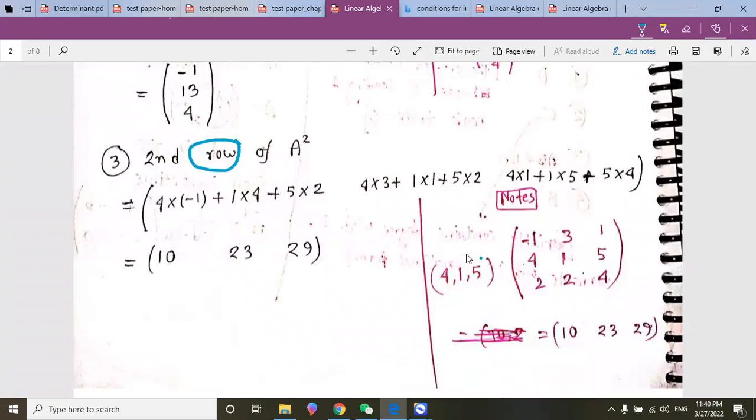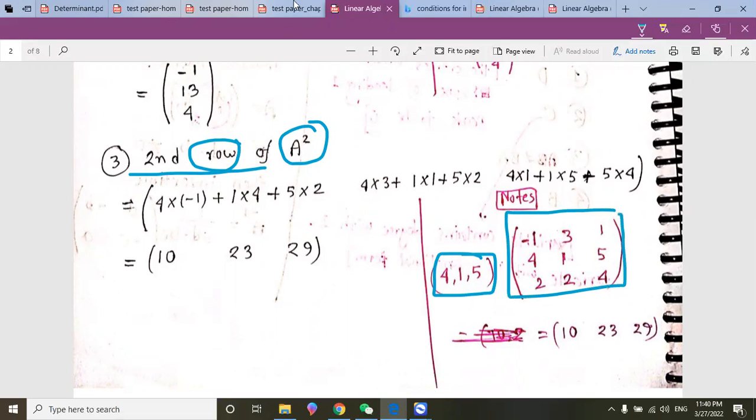So we take 4, 1, and 5, and then we have to multiply. We need to find the second row of A square. A square means a matrix multiplied by a matrix, so that's why I have written the whole matrix here.